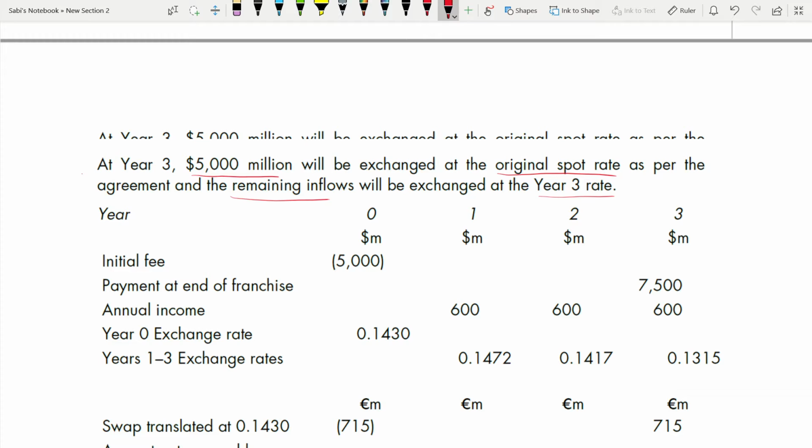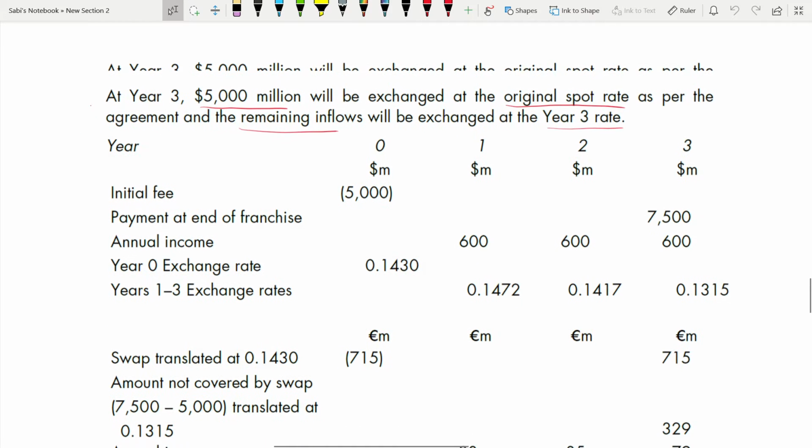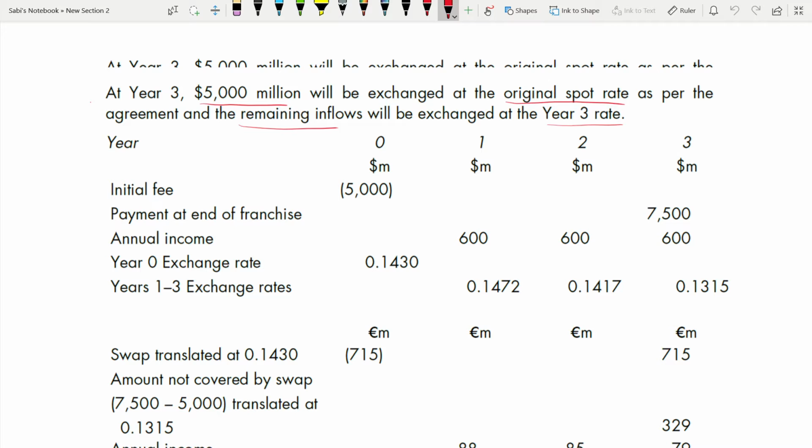Here you need to write this line, so that when you do your working, the examiner knows why you are using the original spot rate, because it is there in the agreement. You need to state it whenever there is an exceptional case like this.